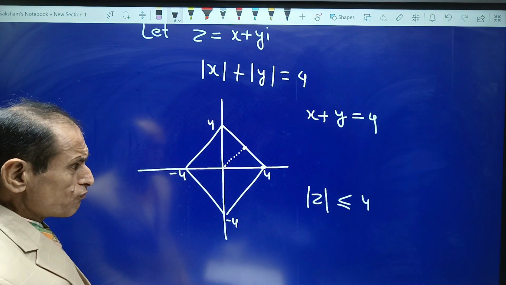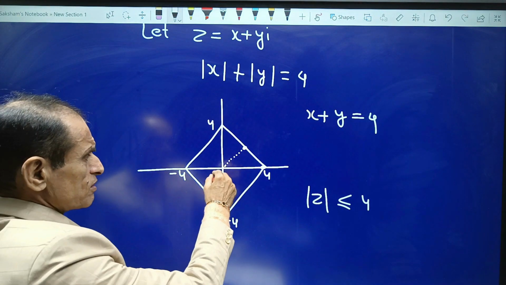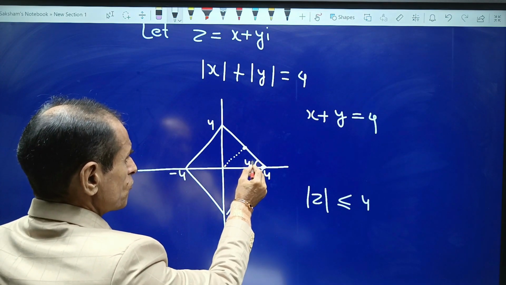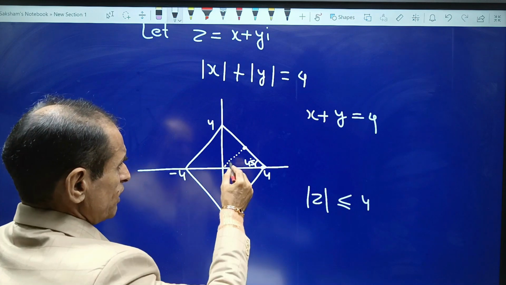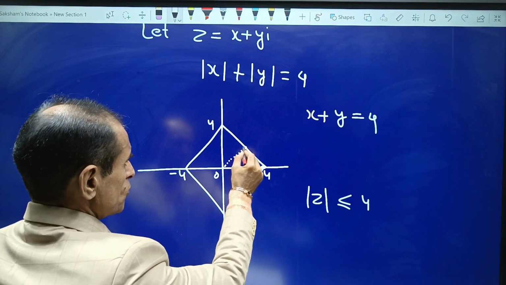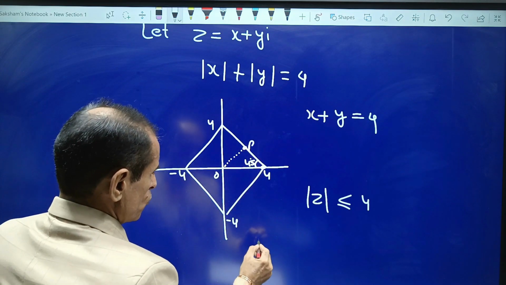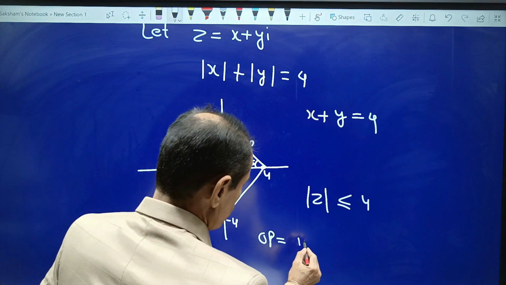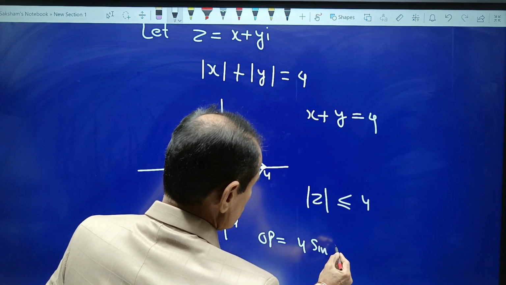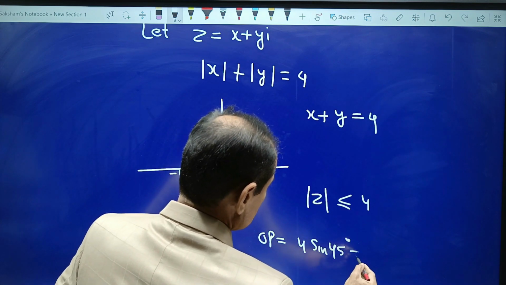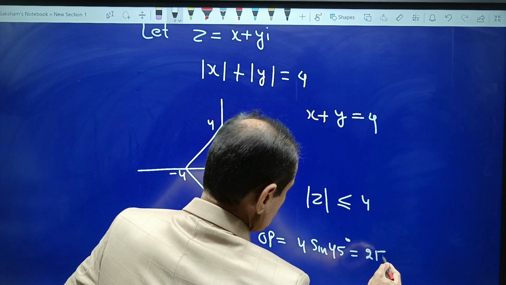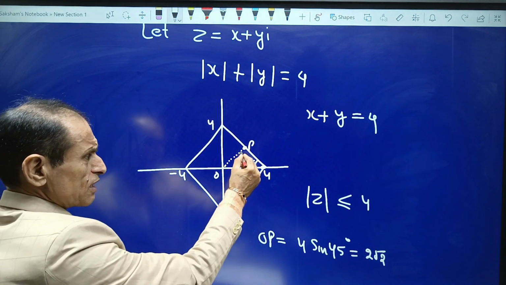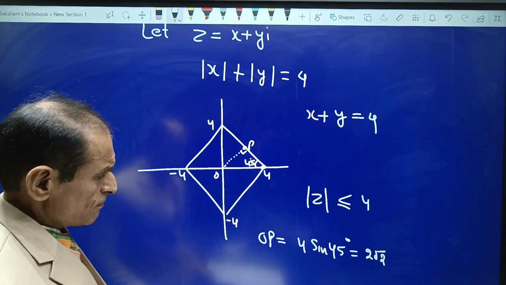And the least value of mod z is this distance, and because the angle is 45 degrees, hence I can say OP, which is the least value of mod z, becomes 4 sine 45 degrees, that is 2 root 2, because this length is 4 and this angle is 90.